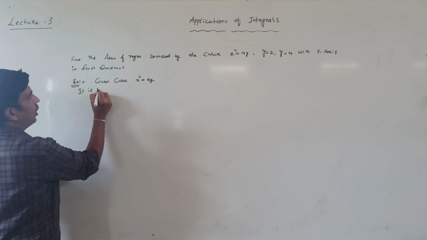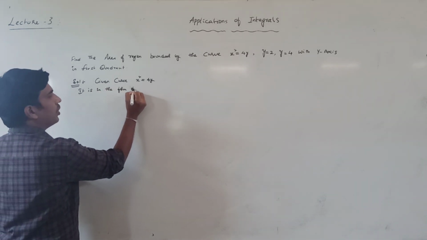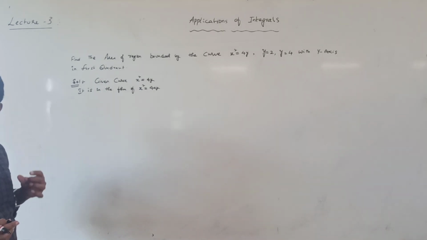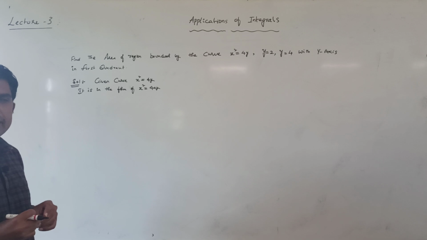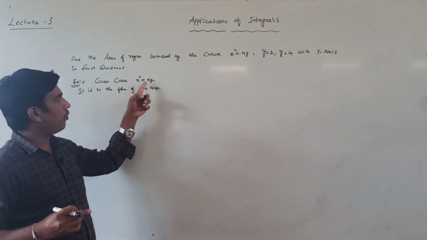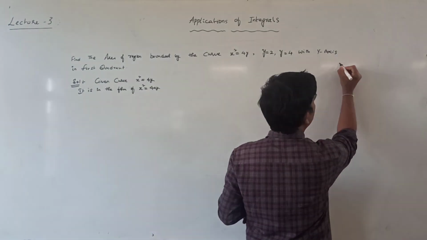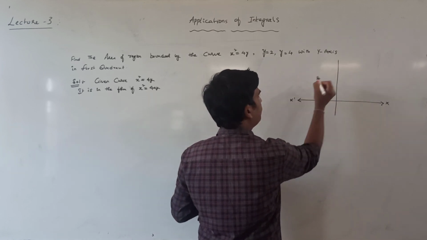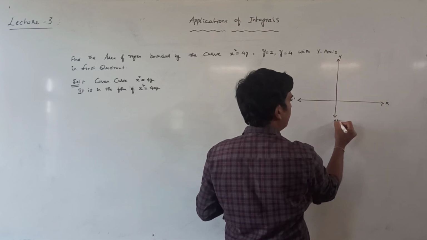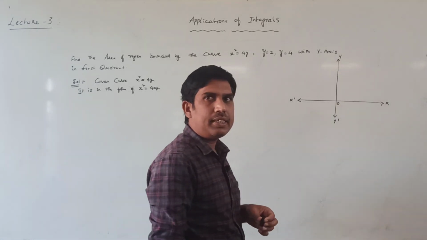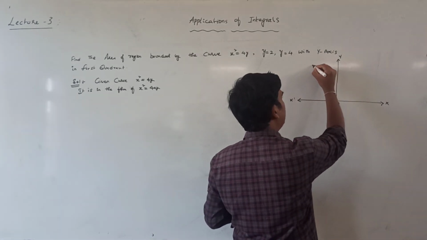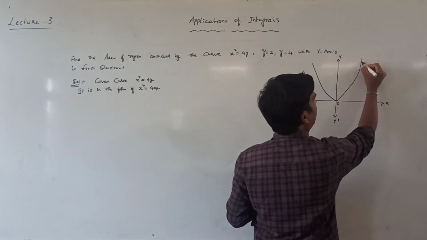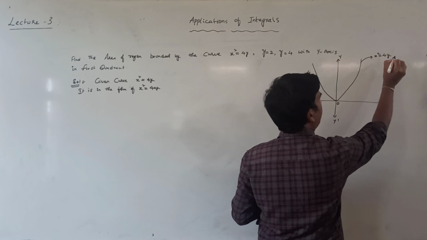Therefore, the given curve is in the form of x square is equal to 4ay. In first year conic sections, under the parabola concept we have that x square is equal to 4ay represents an upward parabola. So the given curve represents an upward parabola with vertex at origin, like that.